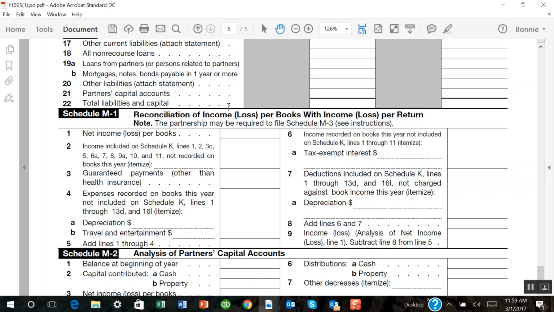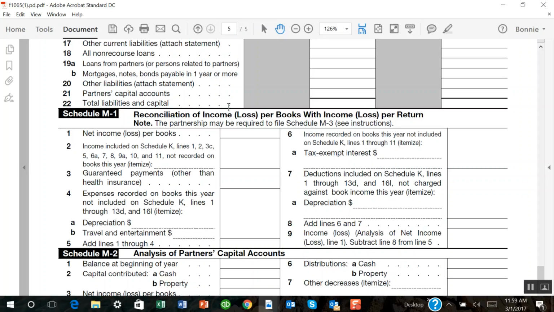Next, you have what's called Schedule M1. And Schedule M1 is a reconciliation of your net income or loss per books with net income or loss per the tax return. And the differences are going to be the items, the expenses that are on the books of the partnership that are not deductible by the partnership on its return, or expenses that are deductible by the partnership on the return that are not expenses sitting on the books, or expenses on the books that are never deductible.